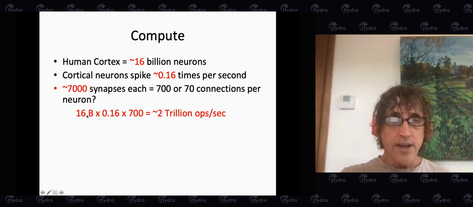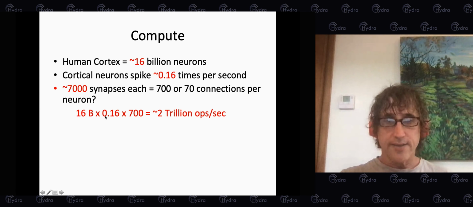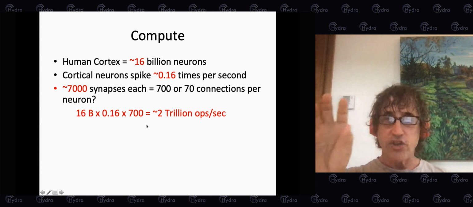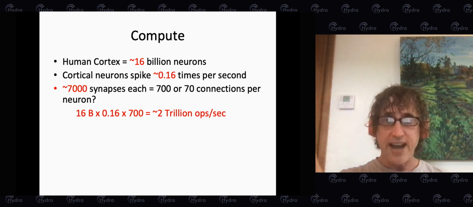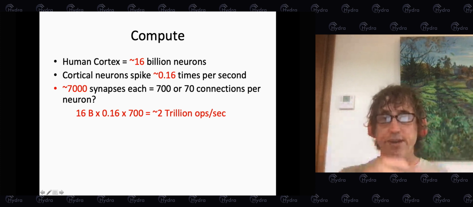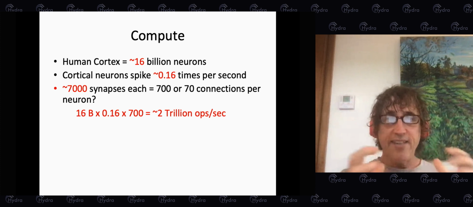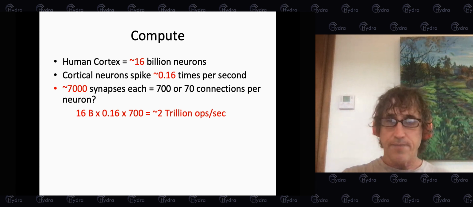Well, 16 billion neurons times 0.16 firing rate per second times 700 connections to other neurons means that if every connection fires when my neuron fires, I have about 2 trillion operations per second. That's what my brain is generating.